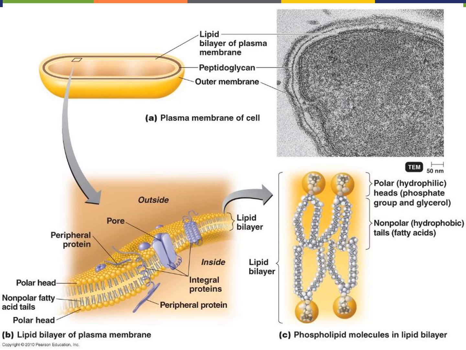If you have small molecules that are hydrophobic and they need to pass from one side of the cell membrane to the other side of the cell membrane, they can go straight through the cell membrane from one side to the other. So again, hydrophobic molecules can easily pass from one side of the cell membrane to the other side of the cell membrane.